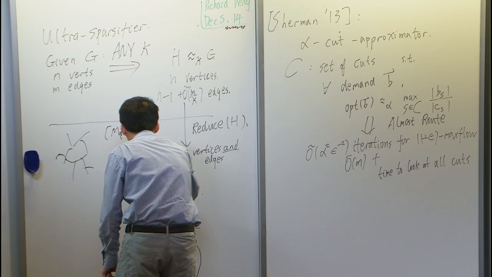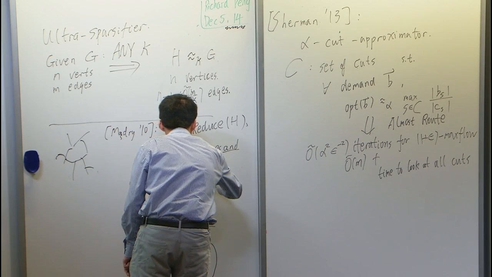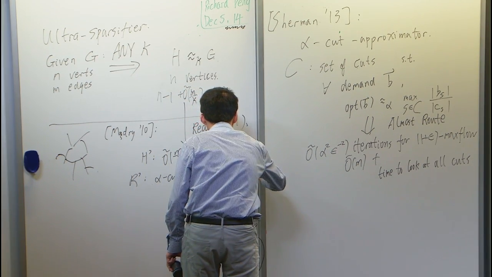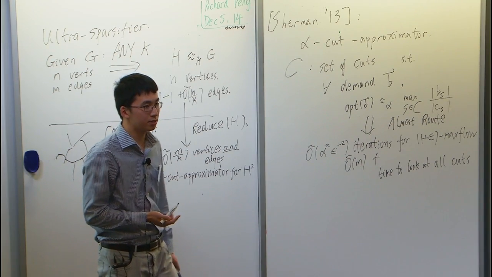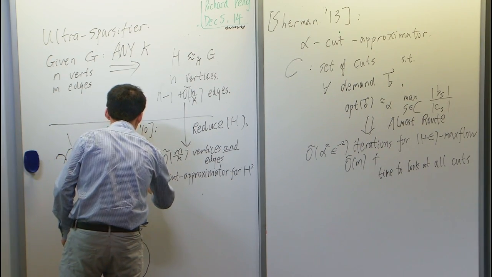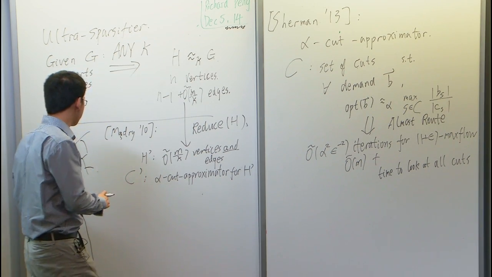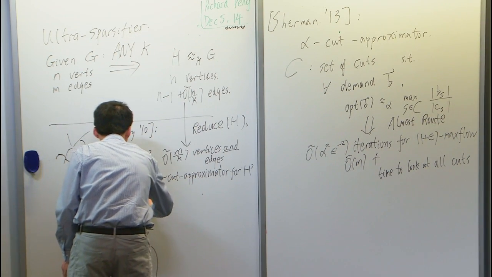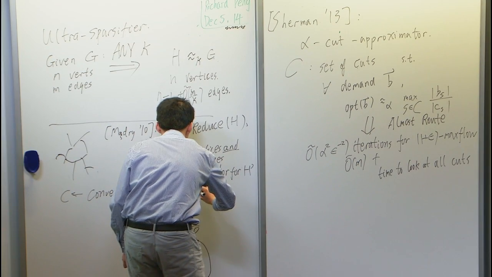So if R prime is an alpha cut approximator for H prime, and then there's a routine that converts such a, I should be using C prime and C. If I have an alpha cut approximator for H prime, I can convert C prime to C such that it only loses a constant factor. This constant factor is in fact 2 or 3. I think it was 2.